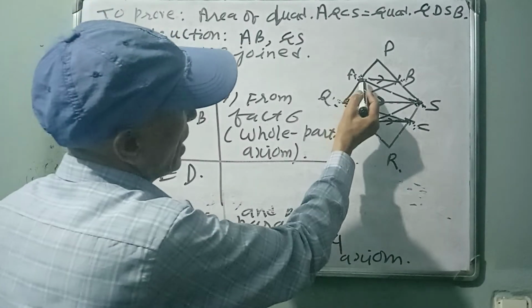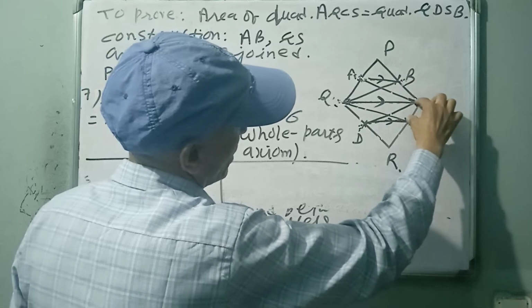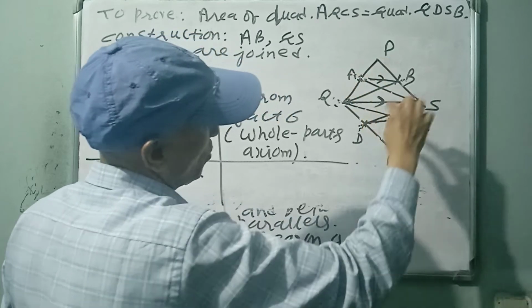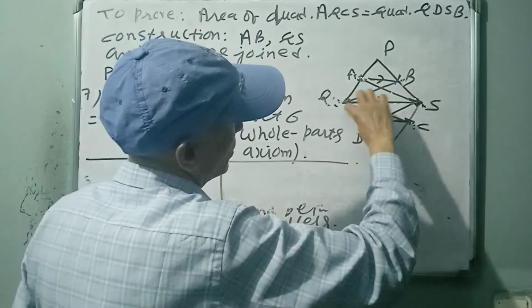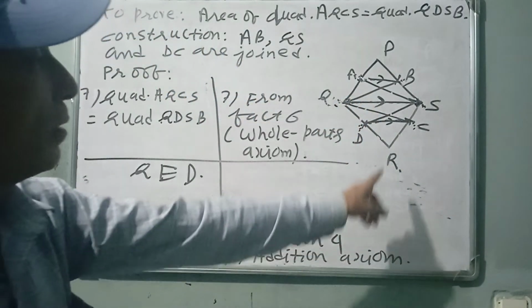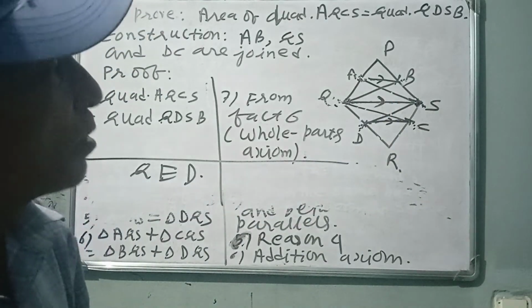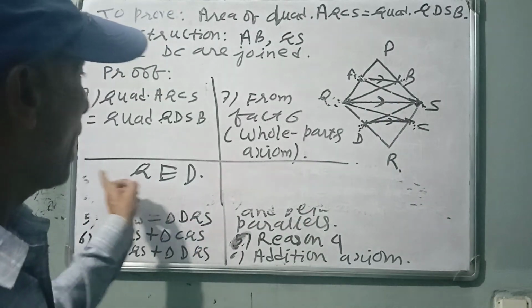Therefore this quadrilateral AQCS is equal to this quadrilateral QDSB. Apply the midpoint theorem and you can use that triangles on the same base and between the same parallels are equal. Add the two triangles.